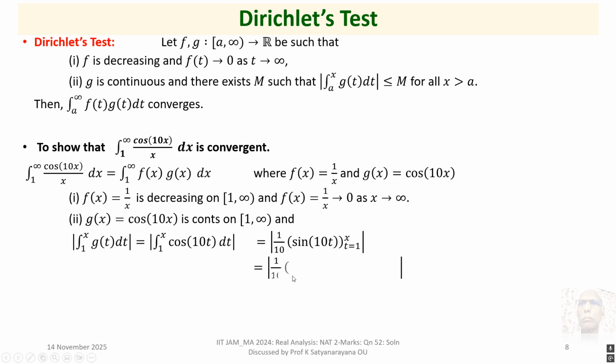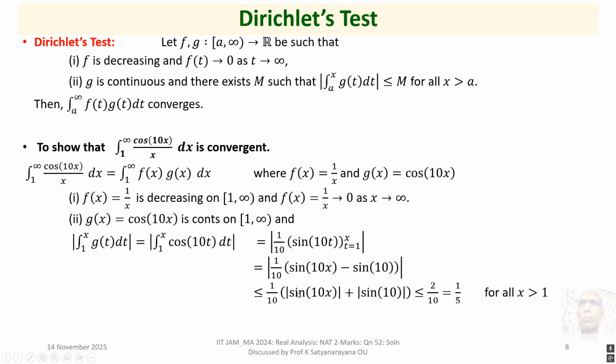For the upper limit, 1 by 10 modulus sin 10x, minus, for the lower limit, sin 10 when t is 1. We estimate, it is less than or equal to, since mod of a minus b is less than or equal to mod a plus mod b, 1 by 10 into, in brackets, mod of sin 10x plus mod of sin 10.